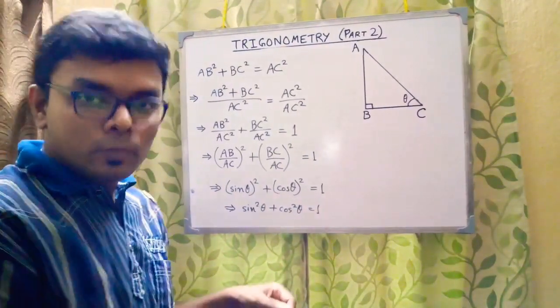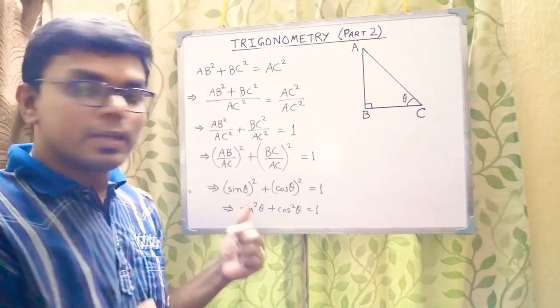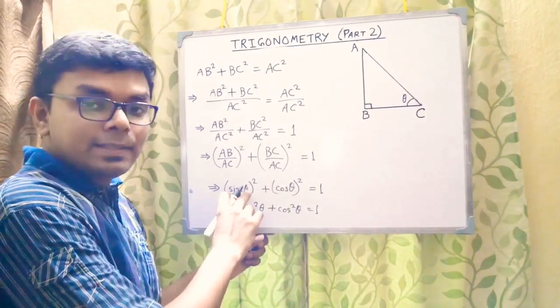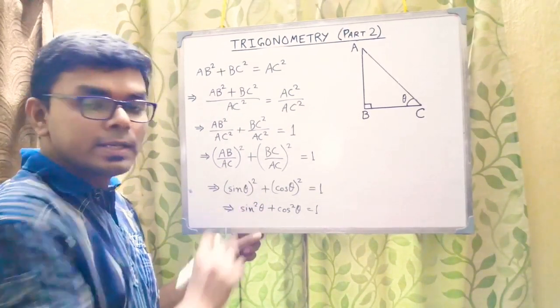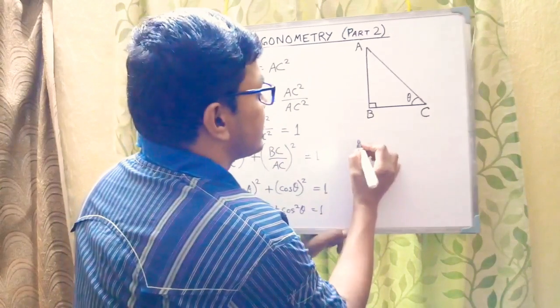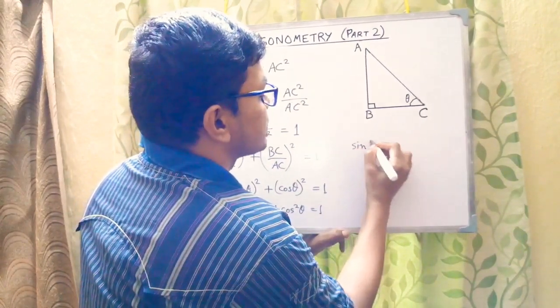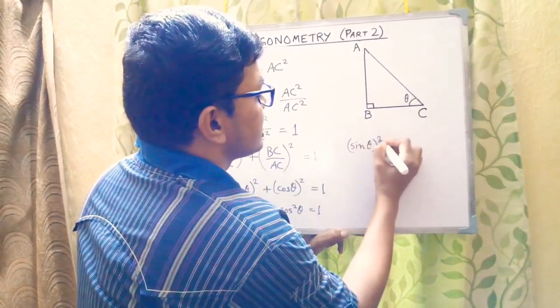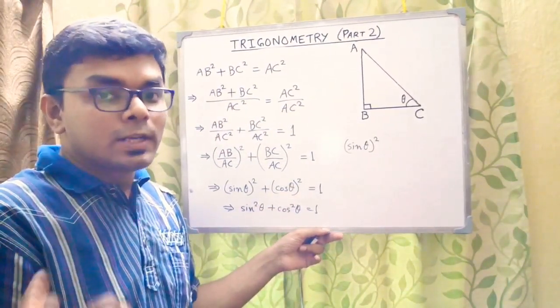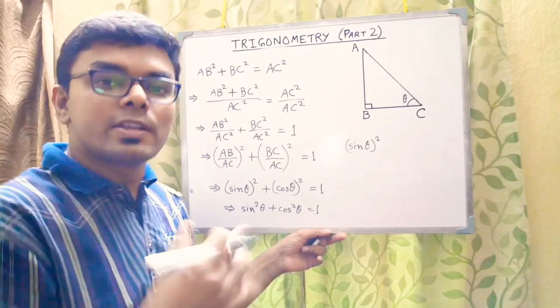Now those of you who are very new to trigonometry might be wondering, sin theta whole squared, why have I written it as sin square theta? One thing should be noted here. I have already told you that sin theta is actually a ratio.